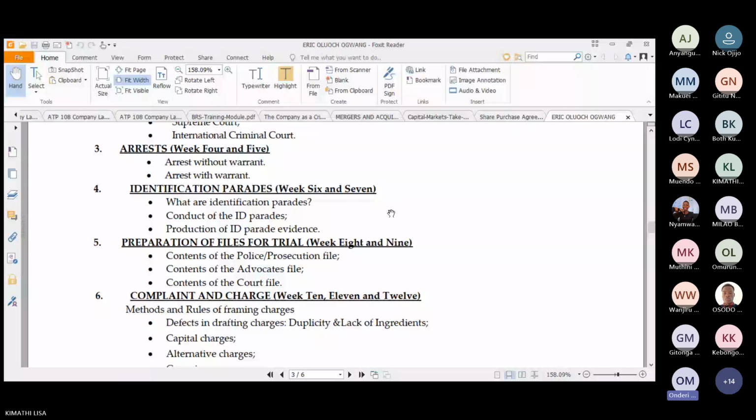Okay, I had a question in relation to the prosecution file. I'm seeking clarity whether the initial report is the same as the custody record. Initial report, custody record. I can confirm that, because I have always known it as an initial report.